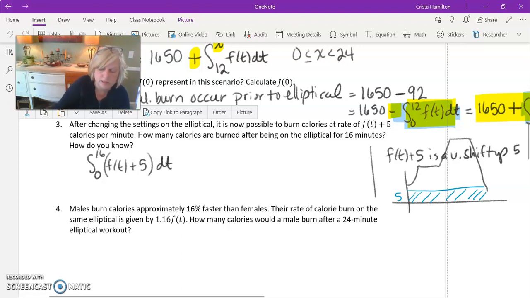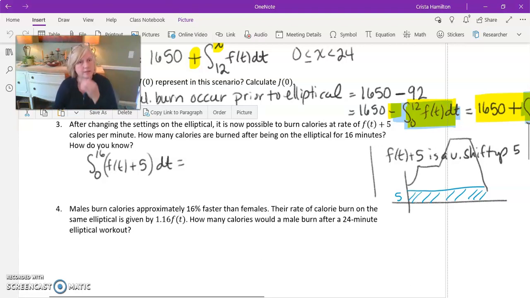So the question then is, what did I basically do? I just added a little extra area with that rectangle at the bottom. We also learned when we were doing derivatives, so this goes back to the derivative-antiderivative relationship, that the derivative of the sum of two functions is nothing more than the sum of the derivatives.